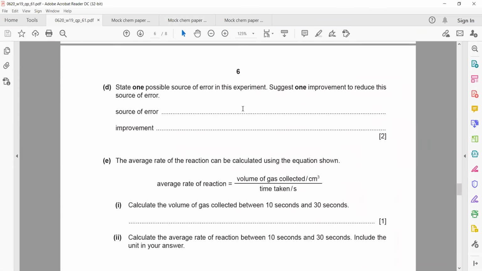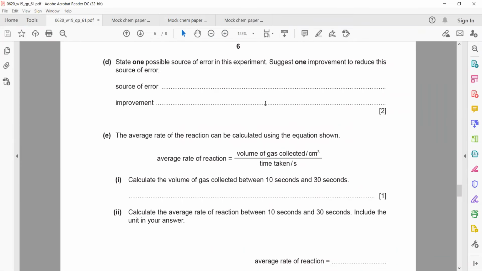State one possible source of error in this experiment and suggest one improvement to reduce this error. What is the possible source of error in this experiment?